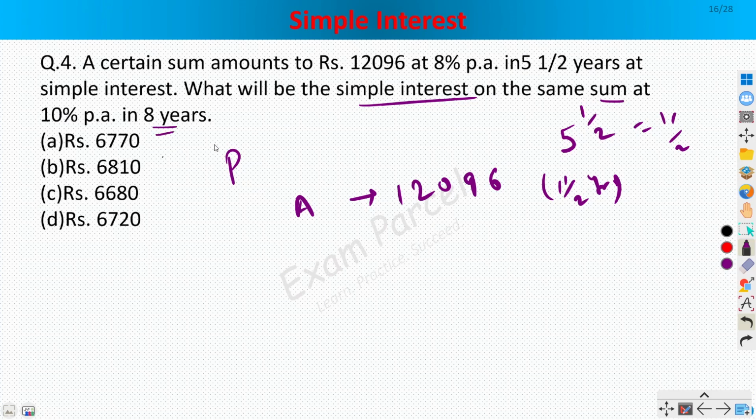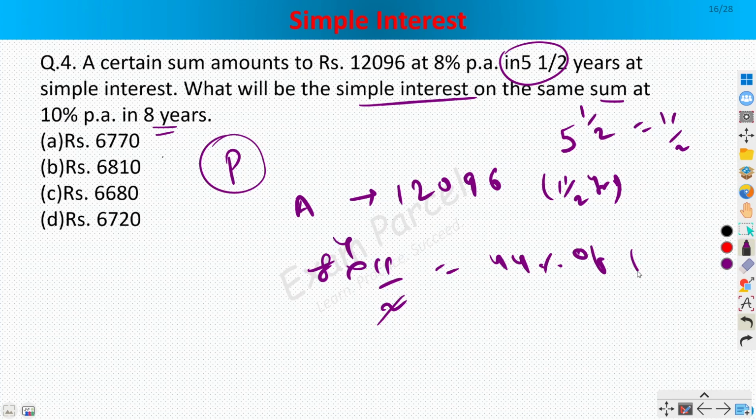Okay. So can we find principal from here? So 8% in 1 year. So in 11 by 2 years, 44% of principal, right? So this value 12096 is nothing but 144%, right? See, don't make a mistake here.